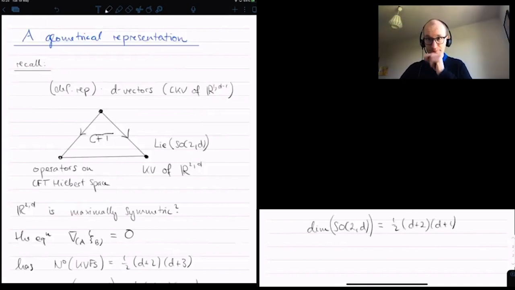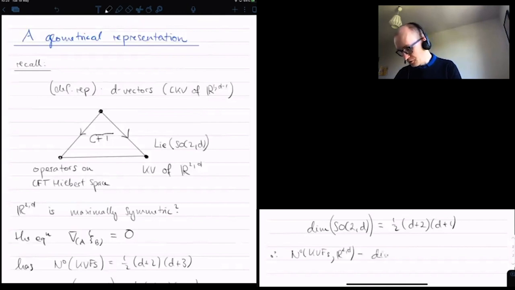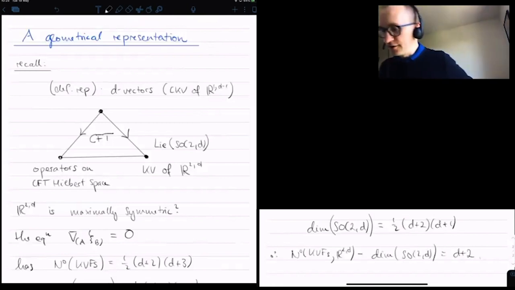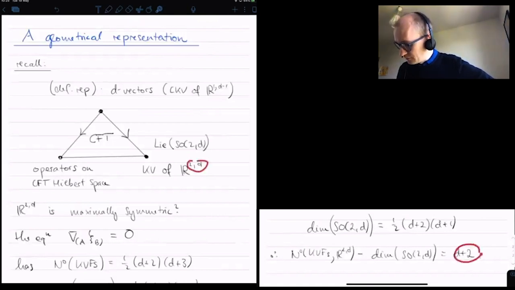With the same d, obviously. And so what we conclude trivially is that the number of Killing vector fields of R^{2,d} minus the dimension of SO(2,d) gives us a mismatch, which is d+2. Which I just remark is the dimension of this spacetime, right? This is a 2+d dimensional spacetime.